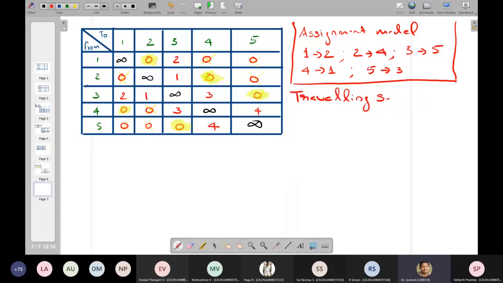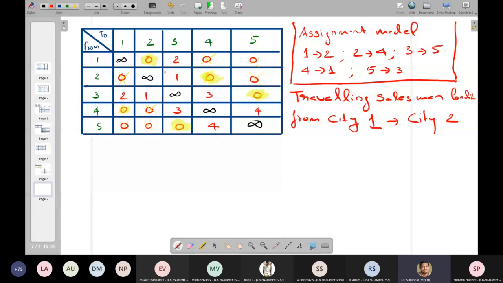Okay, so he is moving from city 1 to city 2. Am I right? In the first step, he is moving from city 1 to city 2. Correct? Are you able to follow it? Yes. Now he reached city 2.